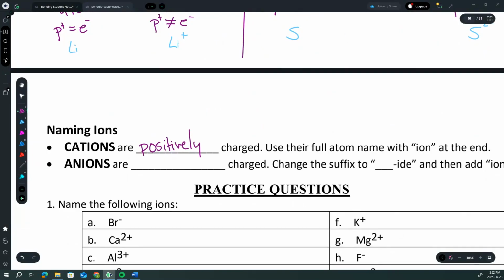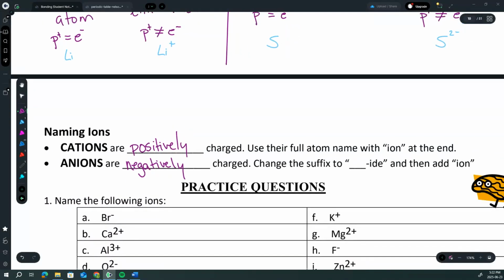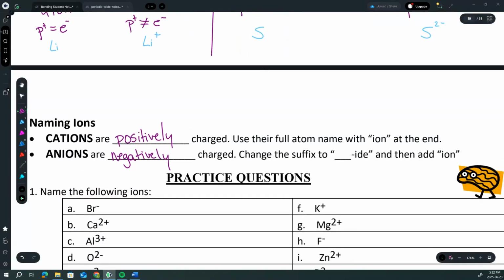And a reminder that you do need to know that cations are positively charged and anions are negatively charged. Okay, so for anions, how you name them is you change the ending or the suffix of the element name to IDE and then add ion.